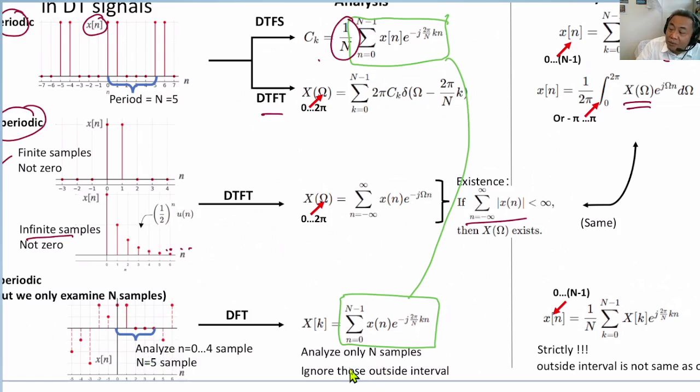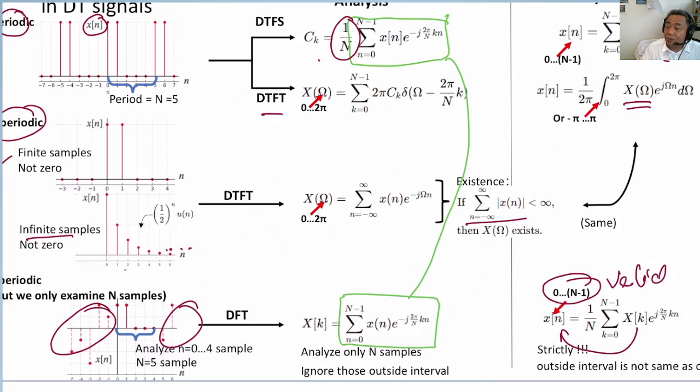So DFT is actually a DTFS in disguise, and this analysis equation and the synthesis equation is only valid, or I should say, the synthesis equation, when we reconstruct from the DFT, is only valid for this range. And outside this range, which is here and here, these two ranges, outside these 5 samples, they are not valid.